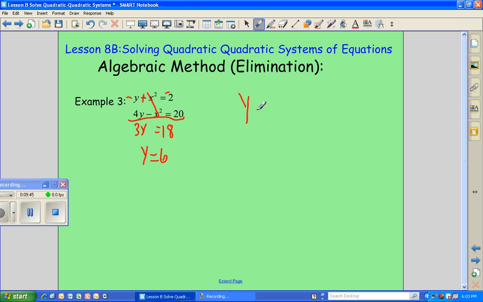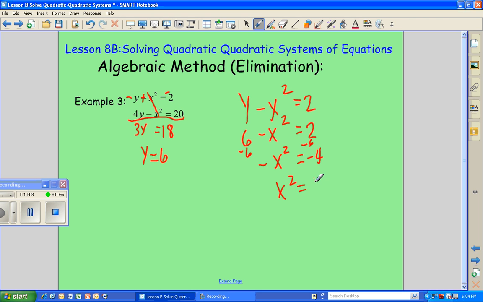I take that 6, I plug it into the top equation. You can do either one. So when I put 6 in here, I'm going to get negative x squared equals negative 4 because I'm going to subtract 6 and subtract 6.